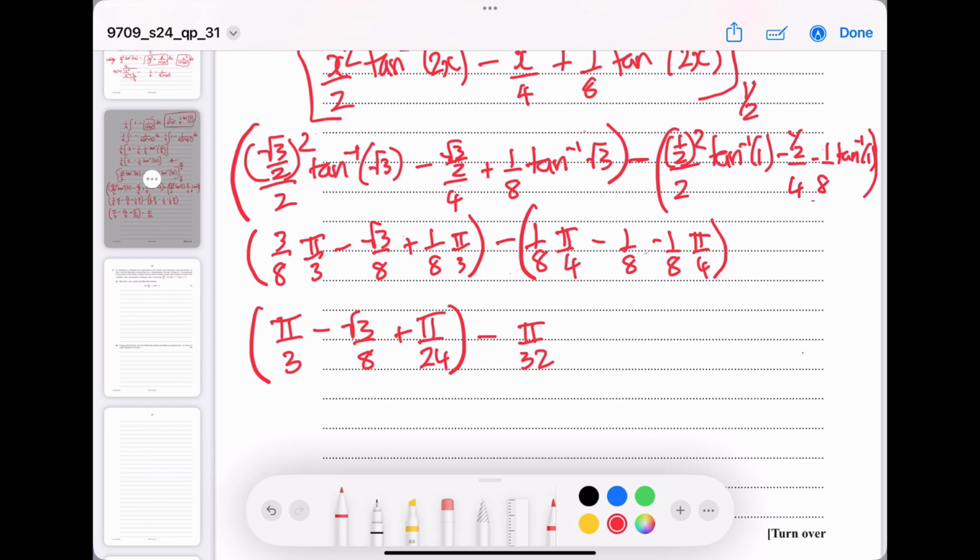Oh, this isn't minus, this is plus. Pi over 32, minus 1/8 plus pi over 32.